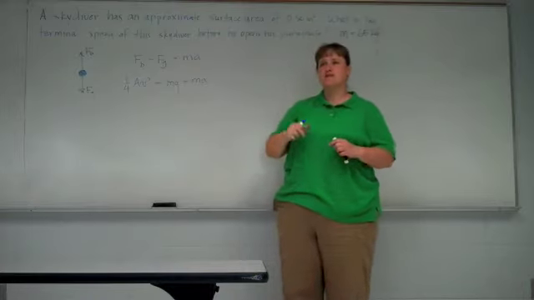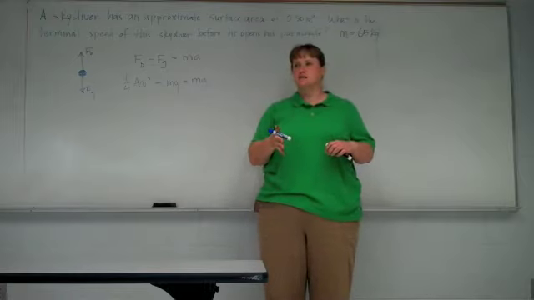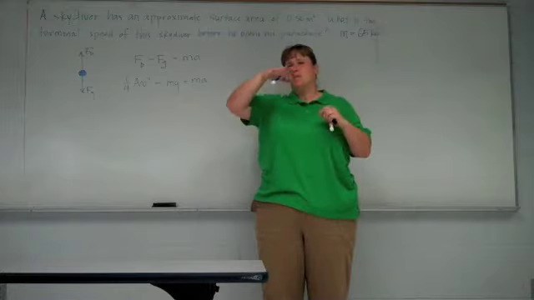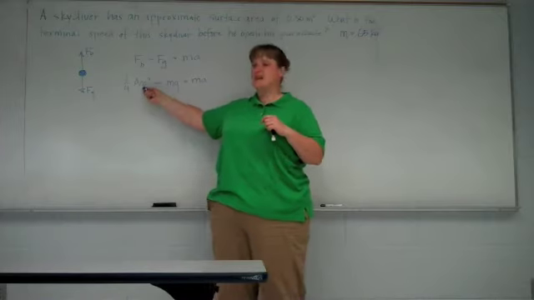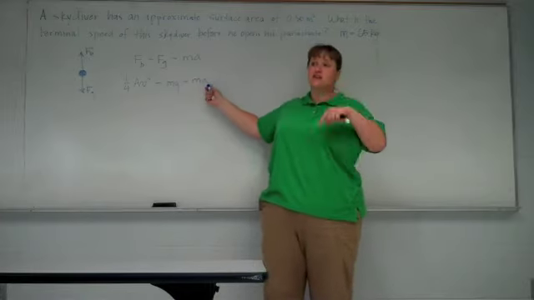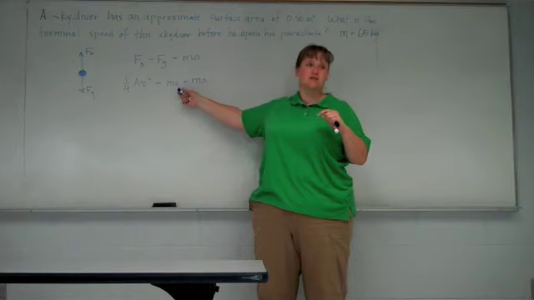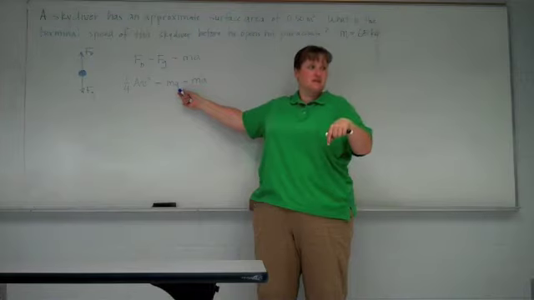Now, when the skydiver initially jumps out of the plane, there's drag horizontally on him because he's jumping out into the air, but vertically there's no drag yet, because his vertical speed as he jumps out of the plane is 0. So the acceleration vertically, right as he jumps out of the plane, is 9.8 meters per second squared. You okay with that? So he starts falling. His speed gets bigger and bigger.